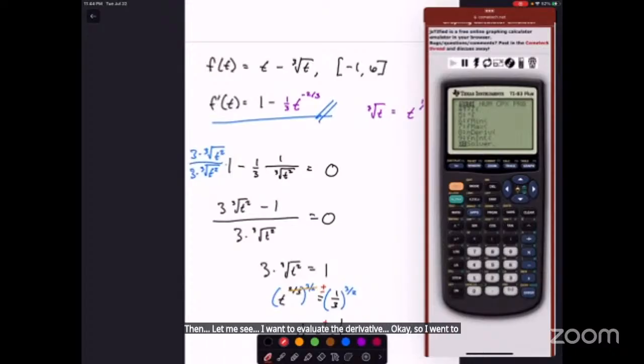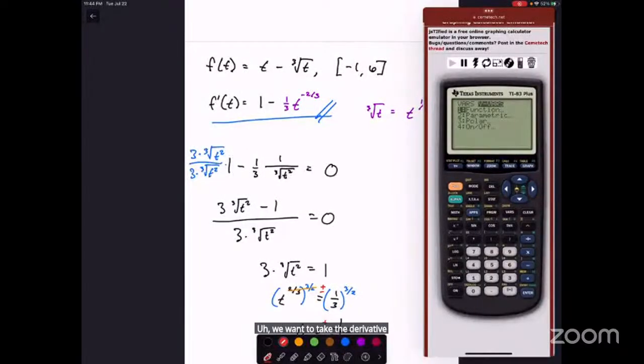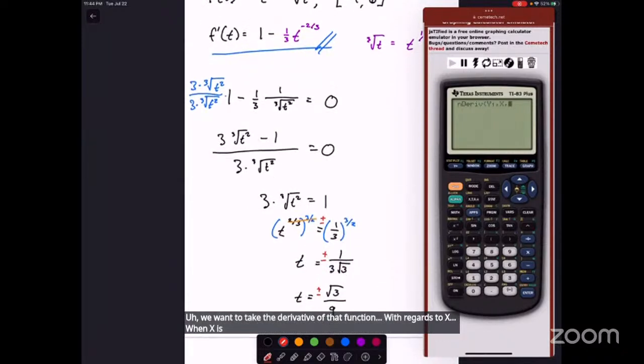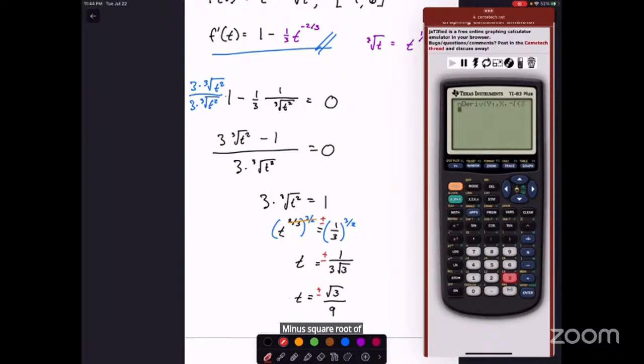So I went to math and then number 8 there. We want to take the derivative of that function with regards to x, when x is, let's do this, minus the square root of 3 over 9 first. Minus square root of 3 divided by 9. Okay, we should get 0. That's essentially 0.